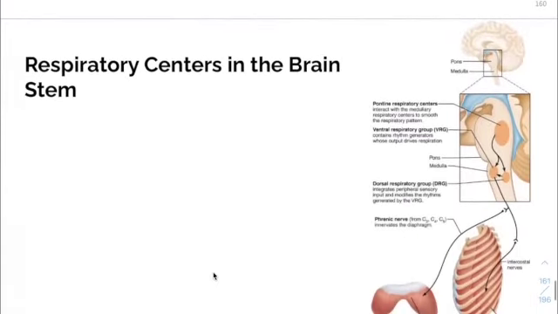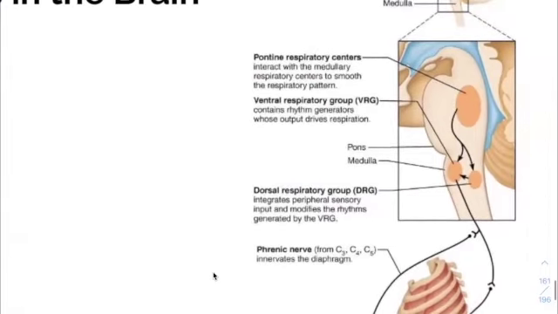This picture from your book shows the different areas in the brain and what they do. That pontine center interacts with the medullary centers because we want smooth breathing.